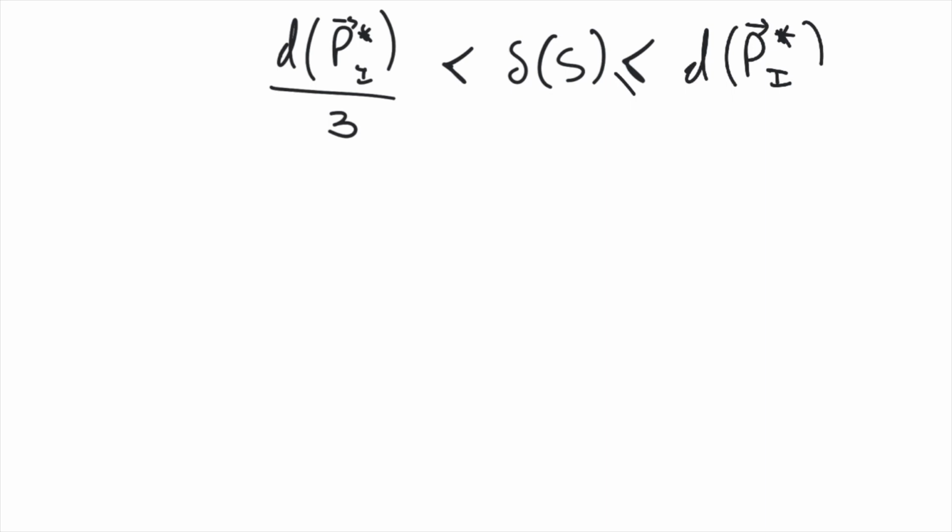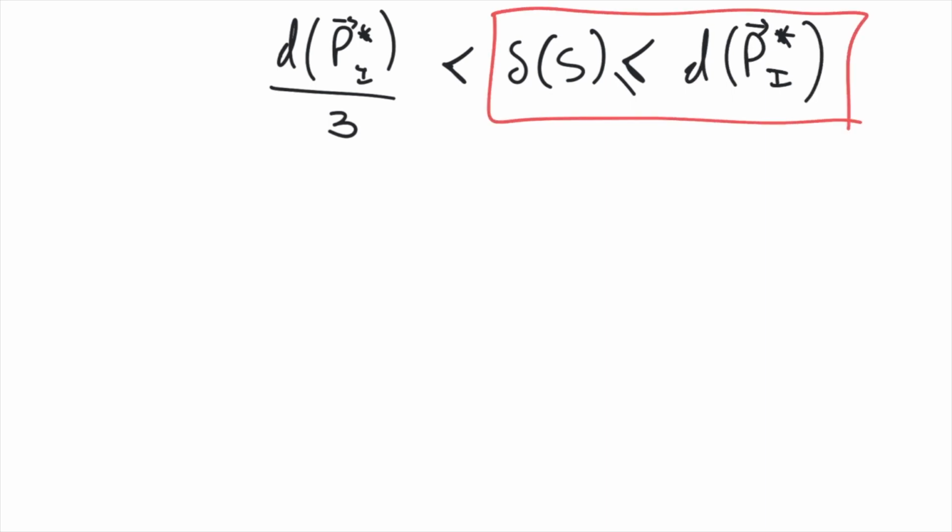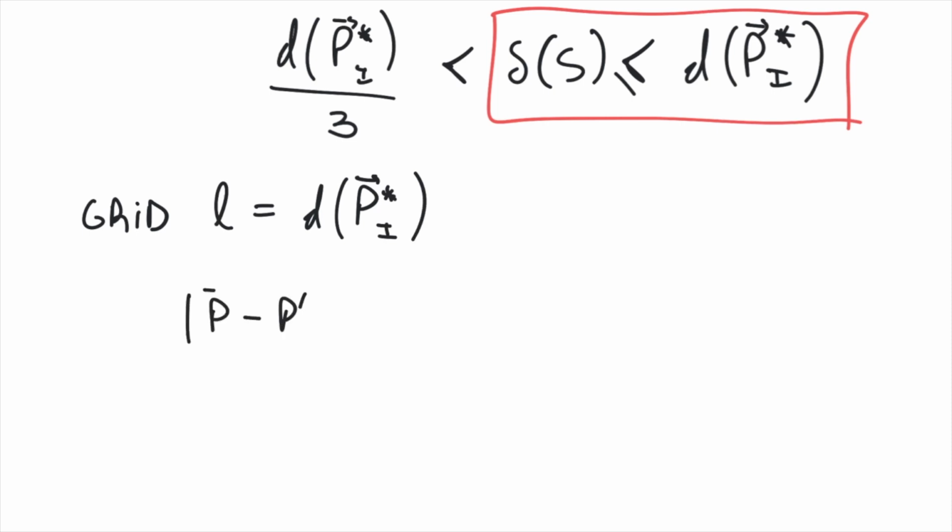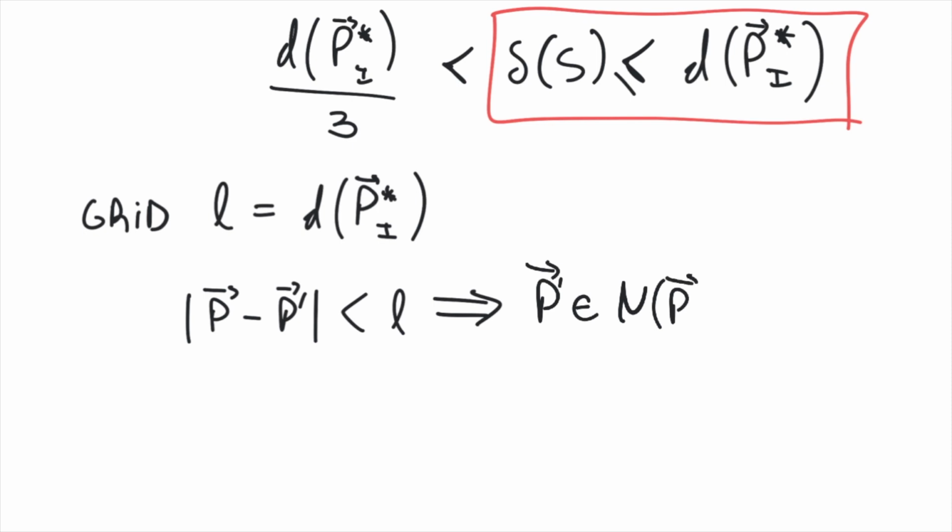So what we're going to do is use this part of the inequality to build a grid with L equal d of P star I. Then what we know is that if the norm of P minus P prime is less than L, then as usual P prime belongs to the neighborhood of P. But now we know that the closest pair of points satisfies this condition.